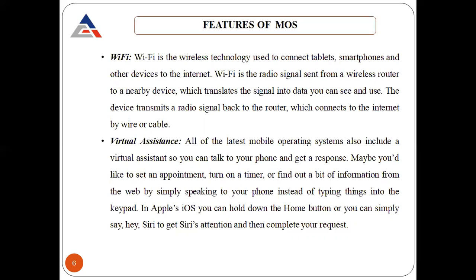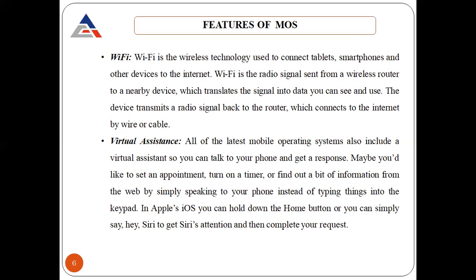The device transmits radio signals back to the router, which connects to the internet by wire or cable. So Wi-Fi is a tool through which we can run the internet and various applications, and definitely the browser, to get information, log into our email accounts, and transfer data by using the various applications.